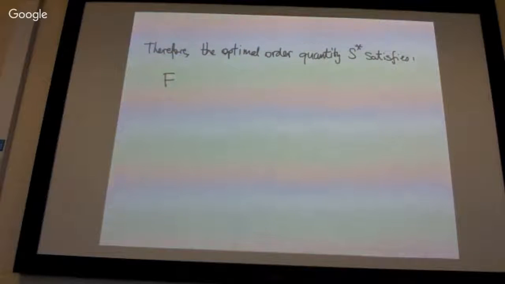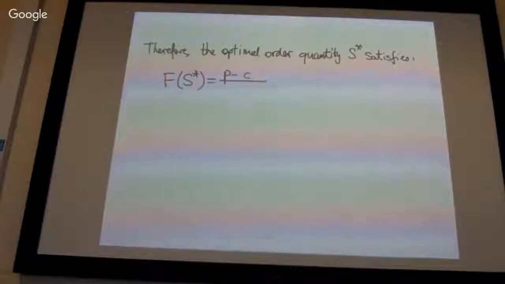We therefore have that the optimal order quantity has to satisfy that when you look at the cumulative distribution function of the demand, so the probability that it's at most how much we order, we want that probability to be what we got from the formula.